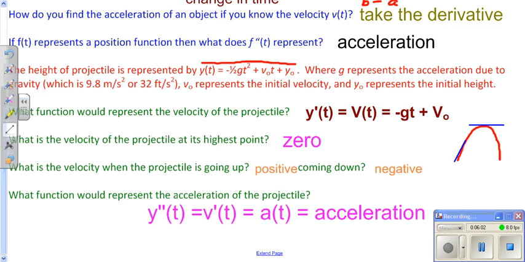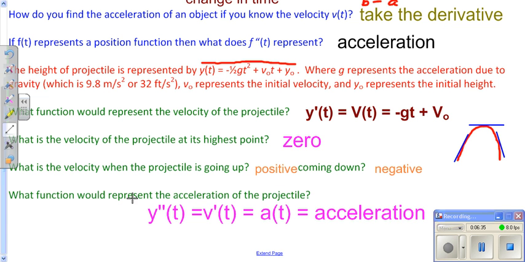Well, if your projectile is going up, the slope of your position, which is in red, is given to you right here. That's your derivative. That's got a positive slope, so you know your velocity is positive. Here, when you're coming down, your slope is going down, so your velocity is negative, which makes sense since our distance to the Earth is decreasing.